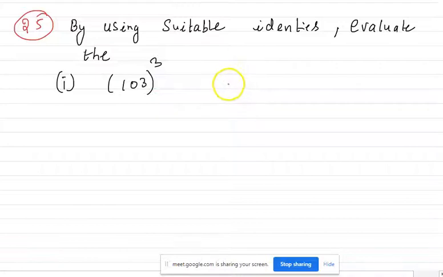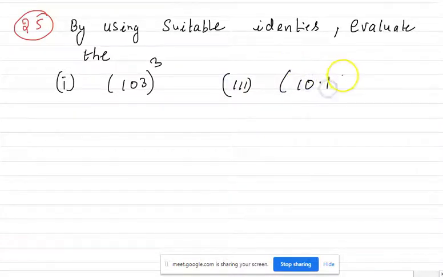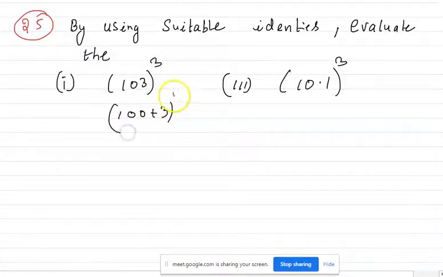Roman number 3 I am doing, 2 will do homework. 10.1 whole cube. This is the question. Alright. So 103, can I write 100 plus 3 whole cube, because we are expanding it. So I write here 100 plus 3 whole cube. Alright. So a plus b whole cube, what is the formula?